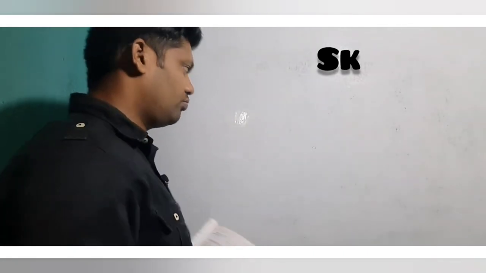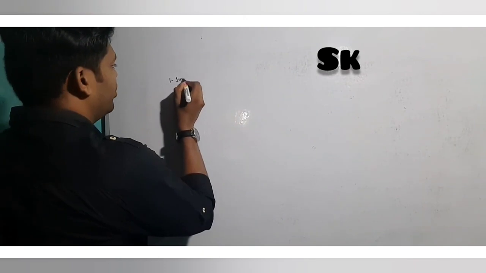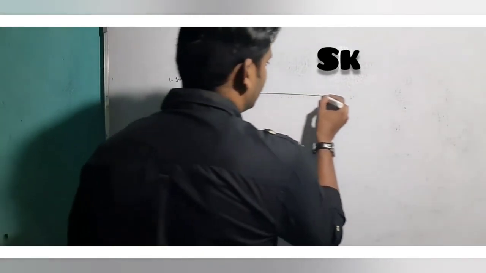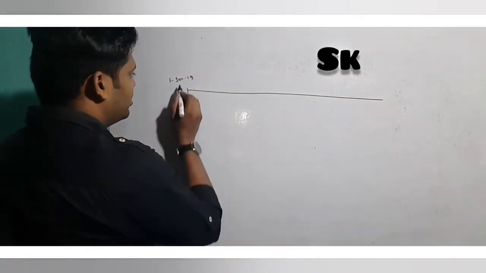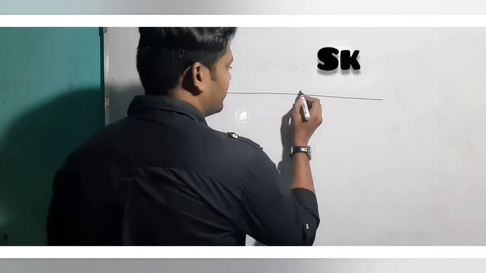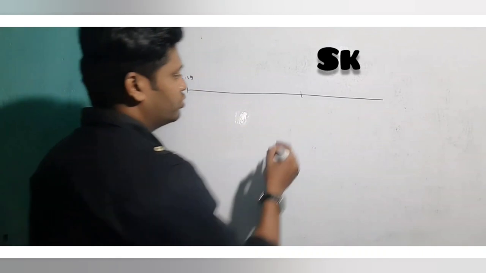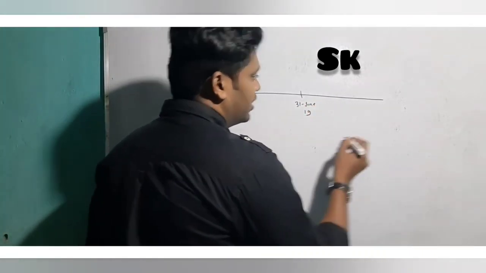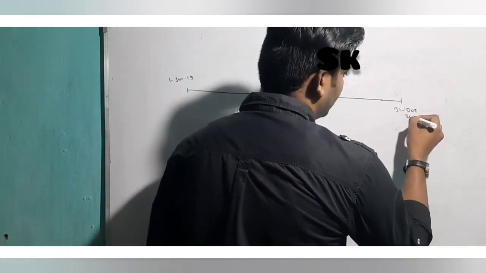For example, first January 2019, I have taken a loan. This is the timeline, time axis. This is 1st January, and this is 30th June 2019, and this will be 31st December 2019.